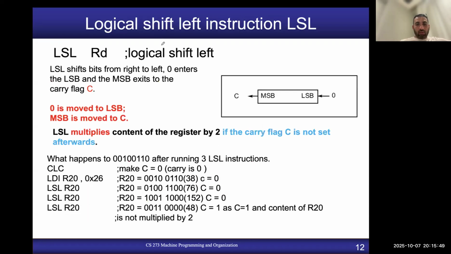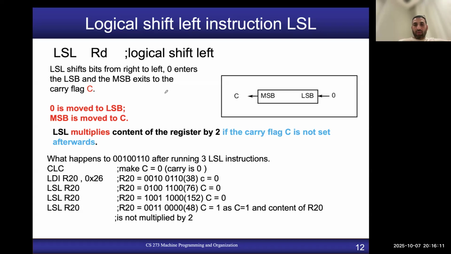Okay, logical shift left instruction. You may be getting confused about why we have so many shift instructions. Earlier we had rotate on right, then rotate on left, and now we are talking about logical shift left instructions.